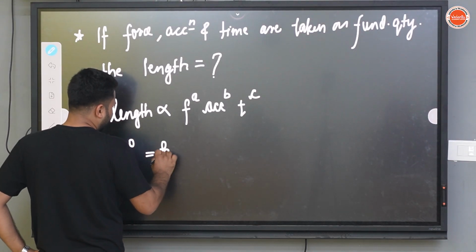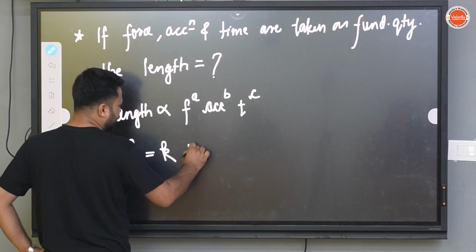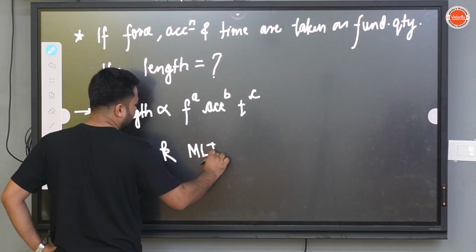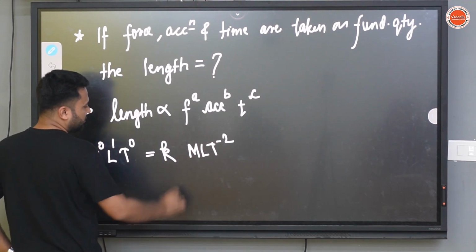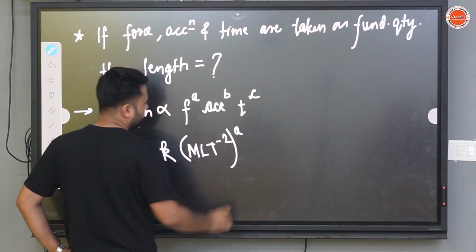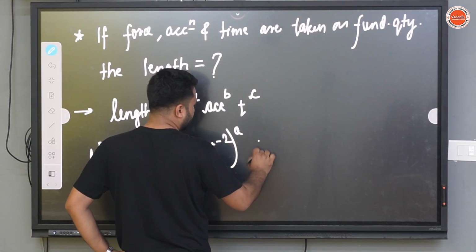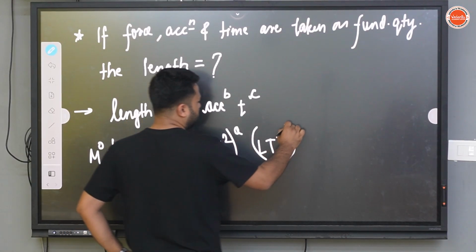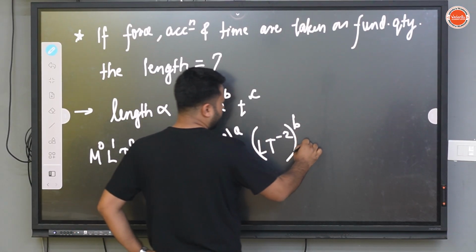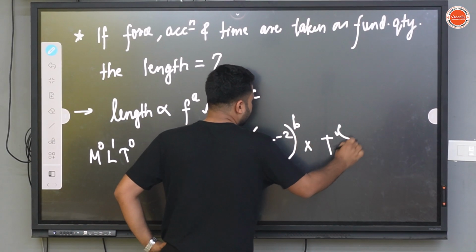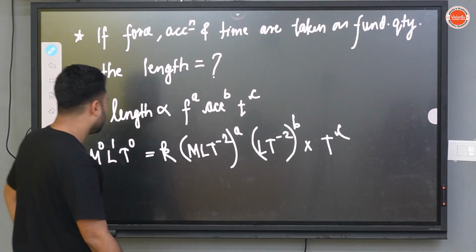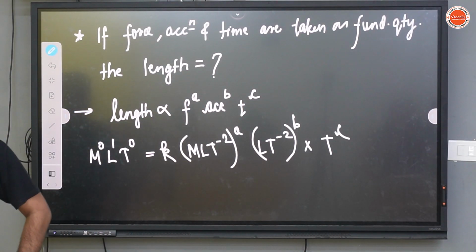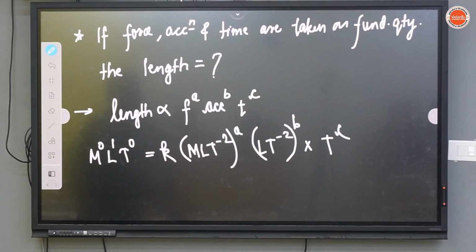equals to some constant. Force is mass into acceleration, M L T minus 2, this to the power A. Acceleration, meter per second square, to the power B. Time to the power C. Now the same thing you will do and you will write the answer.